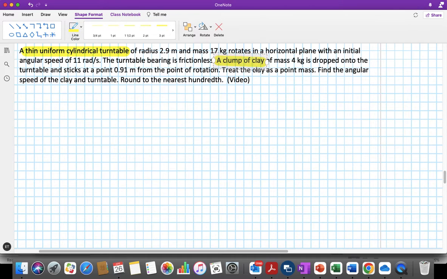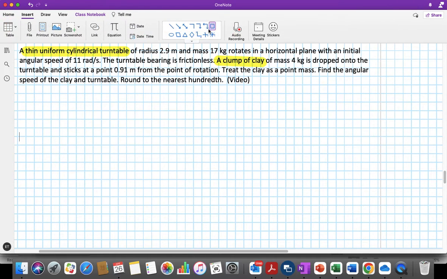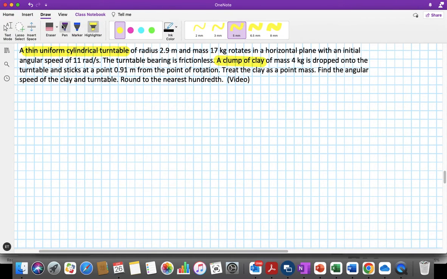Just for convenience, I will label anything having to do with the cylinder. I know it's like a disc. I'm going to write on the right side. So cylinder or disc will be 1.